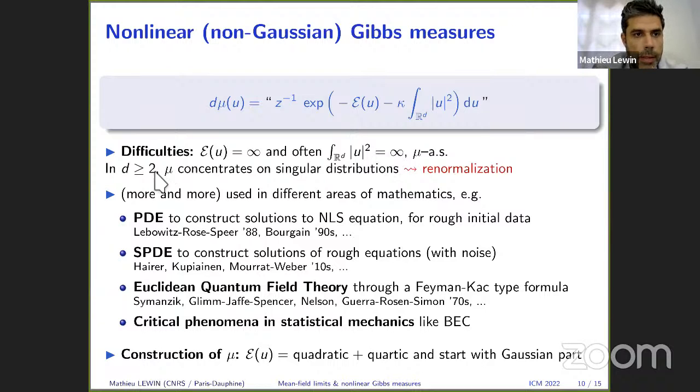But worse than that, in dimension 2 and higher, μ concentrates on singular distributions and not on functions, which creates huge problems in order to just define our energy, the interaction, and so on, and therefore requires renormalization. So we will have to renormalize something, and of course that will create a problem for our quantum Hamiltonian, because we will have to understand how renormalization automatically comes in this problem.